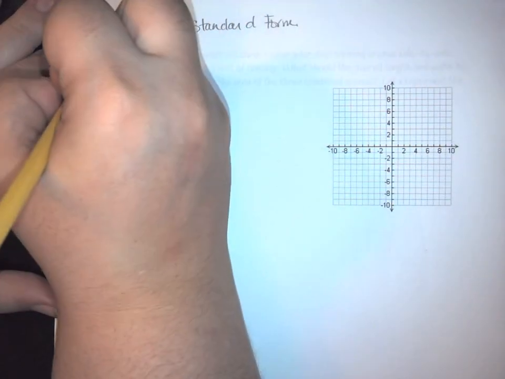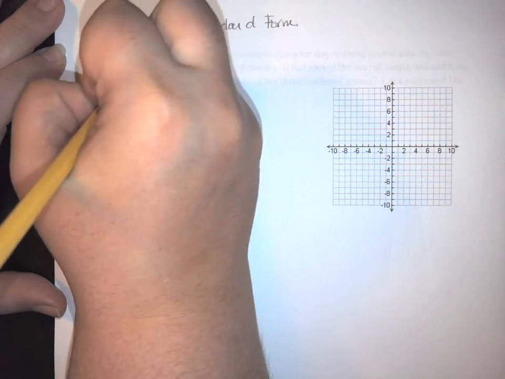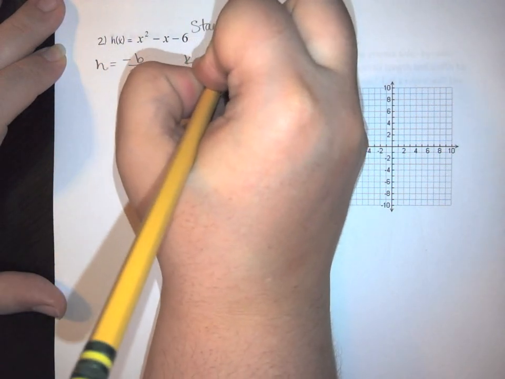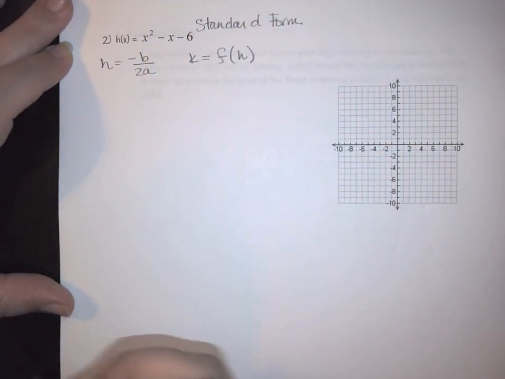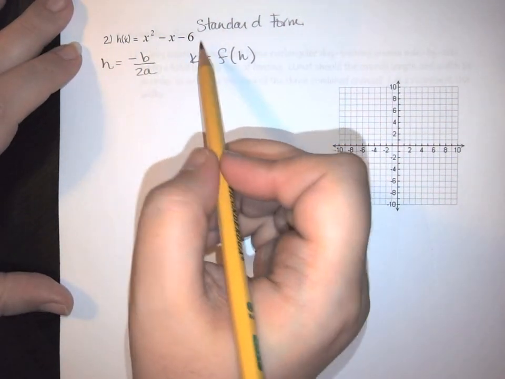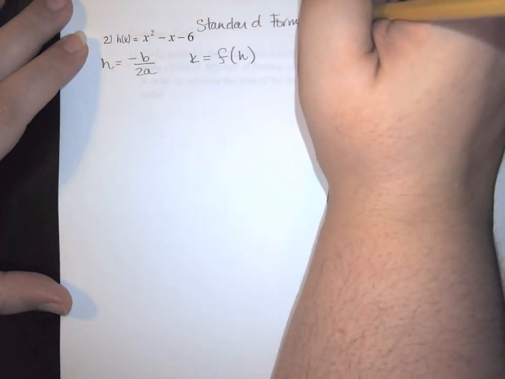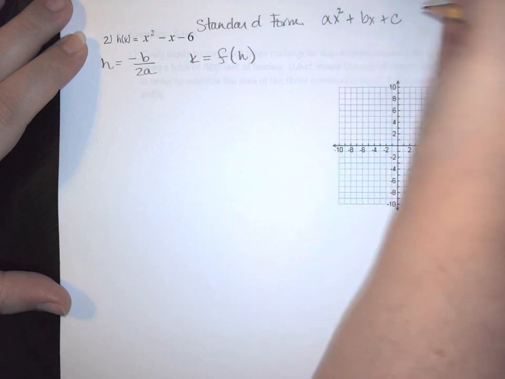So we have to remember h is equal to negative b over 2a, and k is equal to my function evaluated at the h term. So I need to identify my a, b, and c. Remember, standard form is ax squared plus bx plus c.